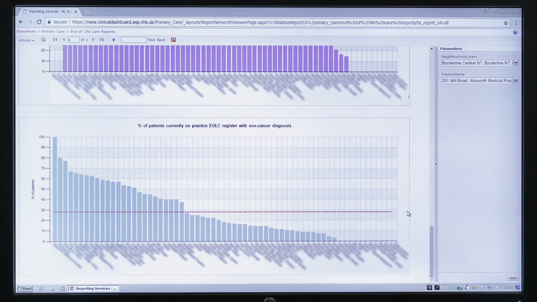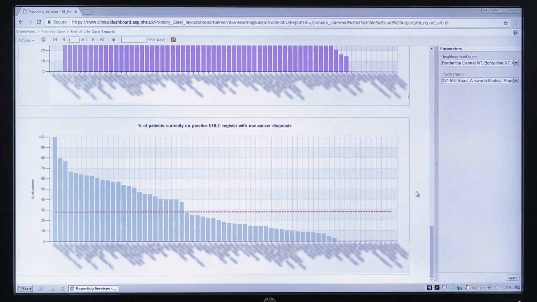It's understood, of course, that recognition of end-of-life care can be more challenging, but some practices, related in part to practice demographics, have a fair proportion of their patients recognised to be approaching the end of life with non-malignant disease. Other practices, it is far fewer.